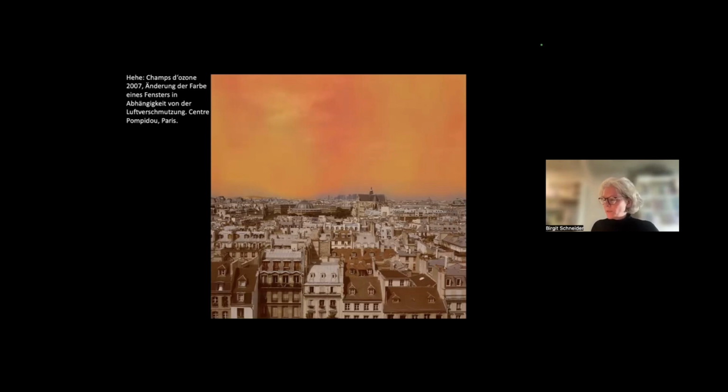So the visitors have to find out for themselves whether the rust red sky is particularly dangerous or rather the green. And in this way, on the one hand, an invisible condition of one's own environment is made perceptible. And for a long time, there was this argument, if we could only see CO2 emissions, maybe people would do something about it. And the artist duo Hehe is alluding to this idea, I think.